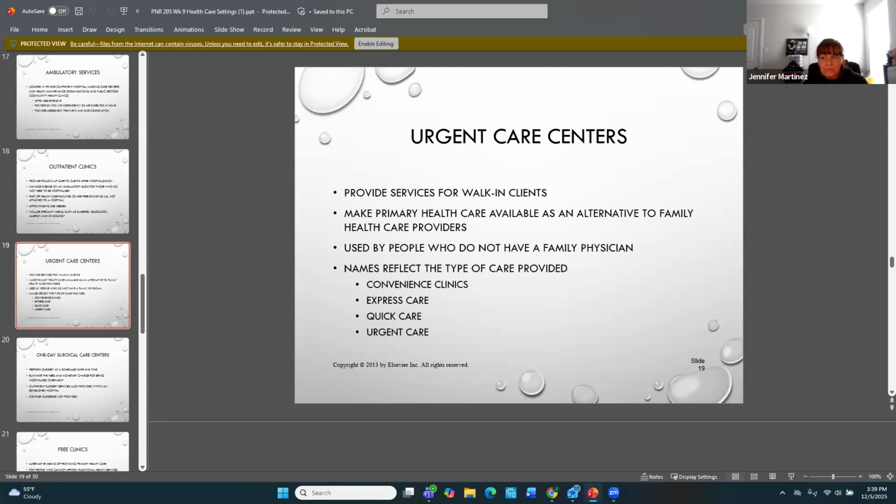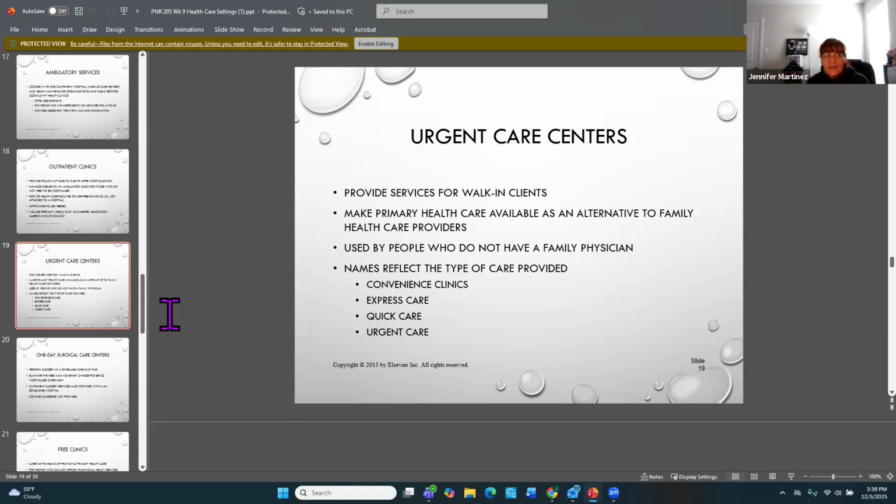And so there's a variety, like I said, of different ones out there, whether it's an urgent care or an express care. If you have insurance, they do accept insurance for the most part as well. Otherwise, it is usually going to be a fee for the services that you would need.